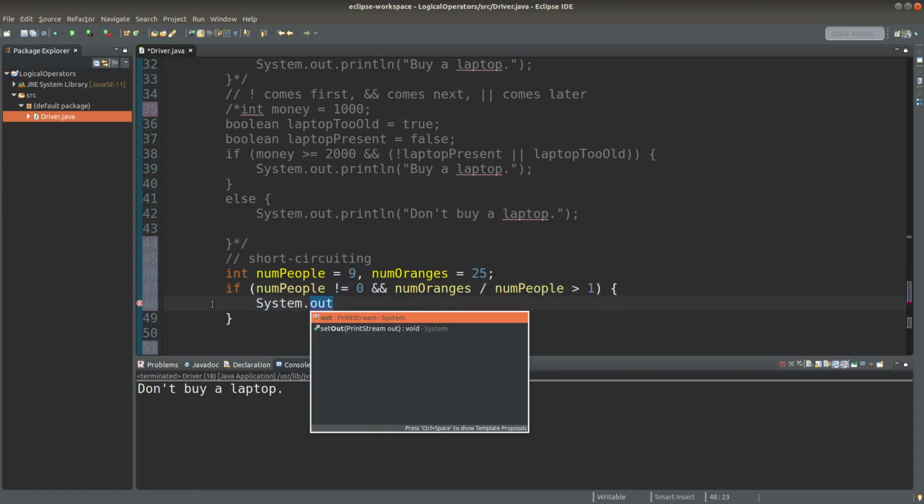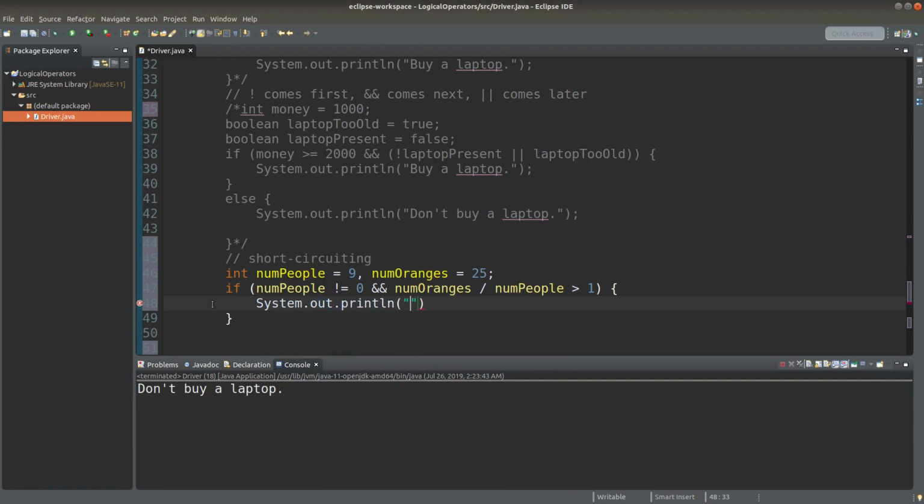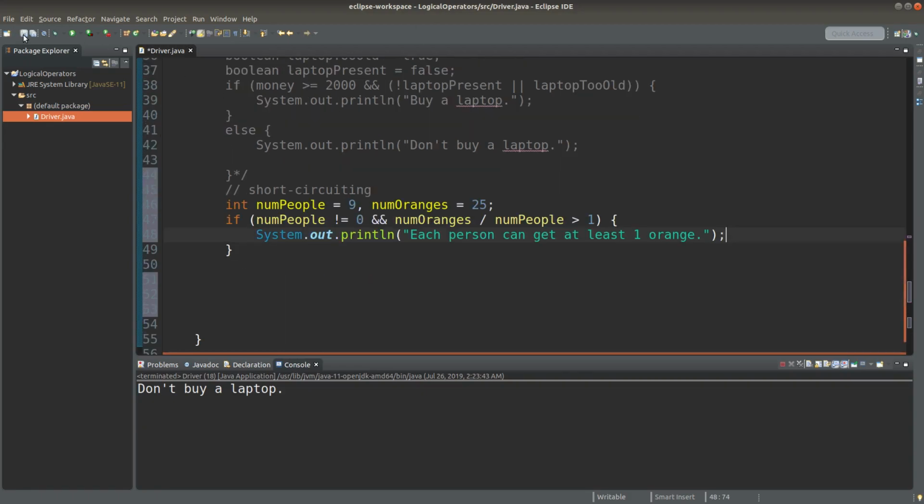I want to check whether each person can get more than one orange on average. So let us see the result. According to the logic, we should be able to print this statement.